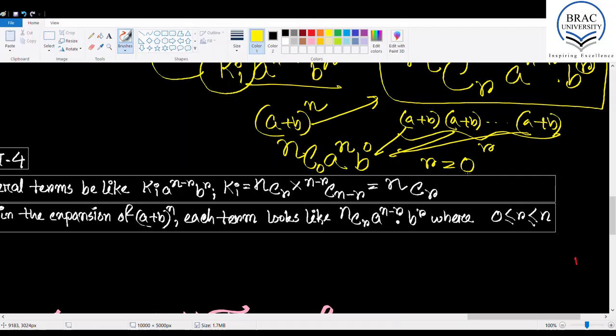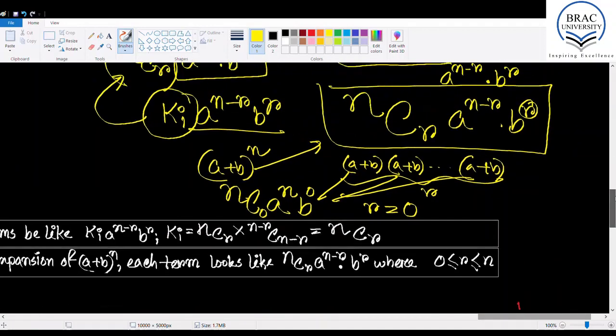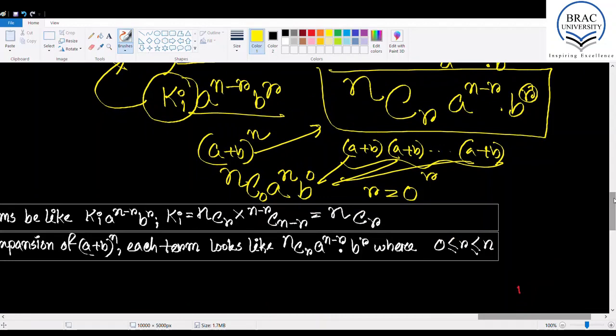And what is the highest number of b's we can take from these n factors? Very simple. Since there are n factors and we can take 1 b from each of them, there will be a highest of n b's.